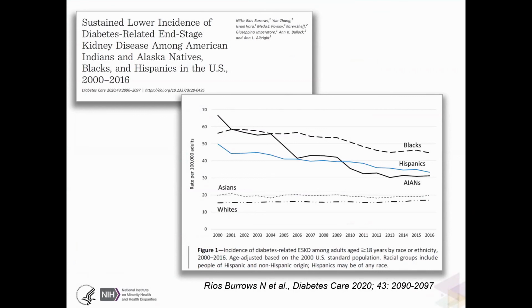The investigators further explained that this decrease in incidence may be related to an increased number of prescriptions of ACE inhibitors over that time frame. So it could be the impact of medical guidelines in the treatment of hypertension or the treatment of diabetic nephropathy over that period of time.